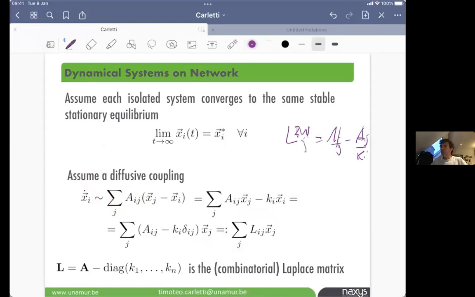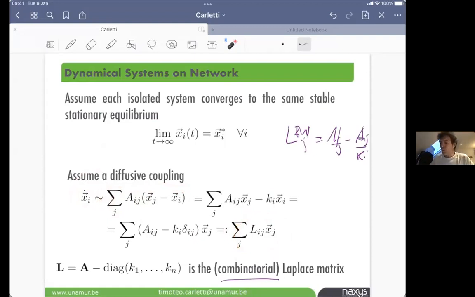So in the random walk Laplacian I divide by the degrees, while here, in what is called the combinatorial Laplacian matrix, I subtract the degrees. So in some sense you have to equalize the water or the concentration in neighboring nodes. And so you observe that the assumption of diffusive coupling implies that the rate of change of the variable x at node i is just the product L times x.